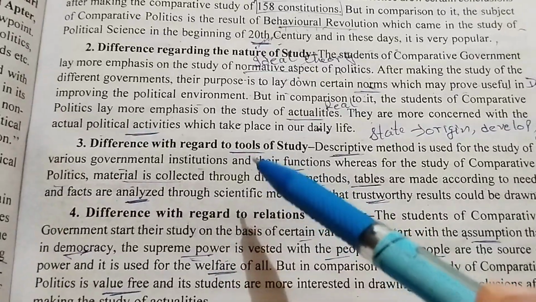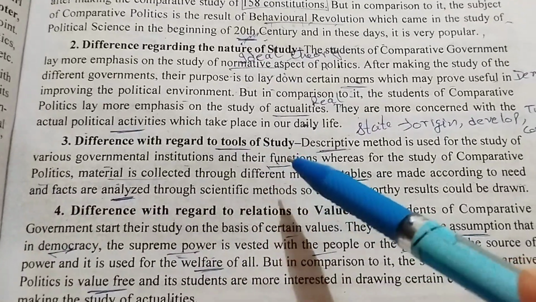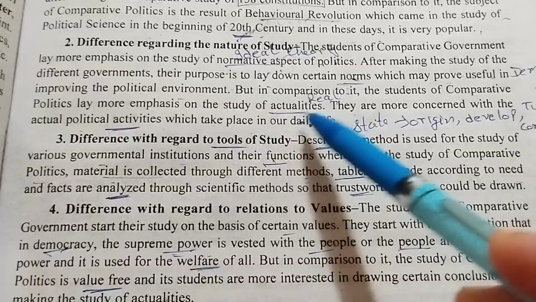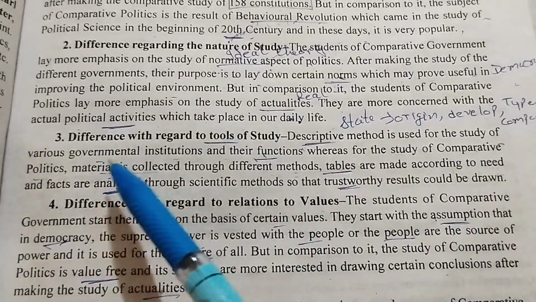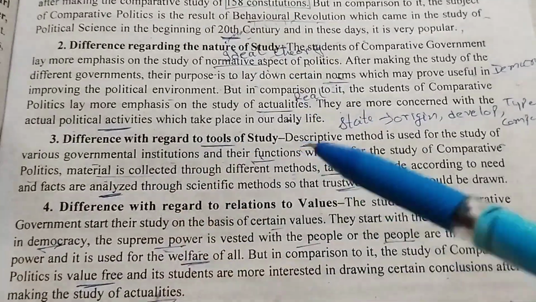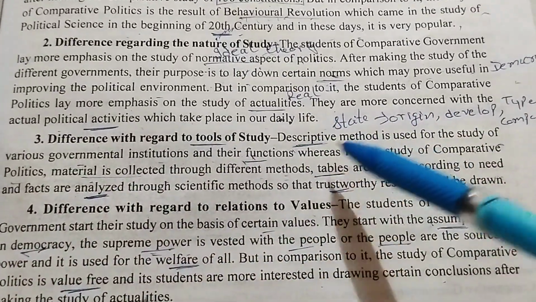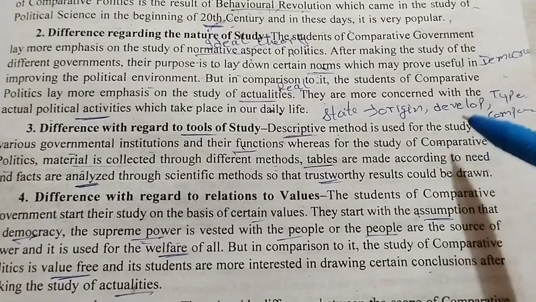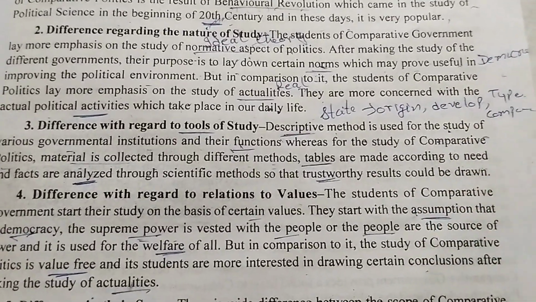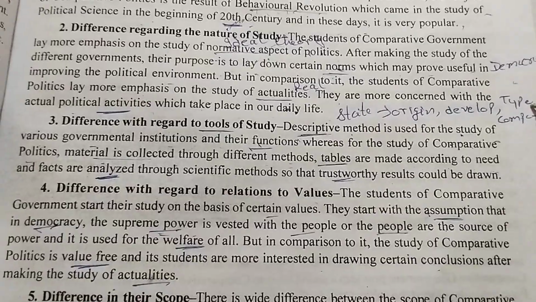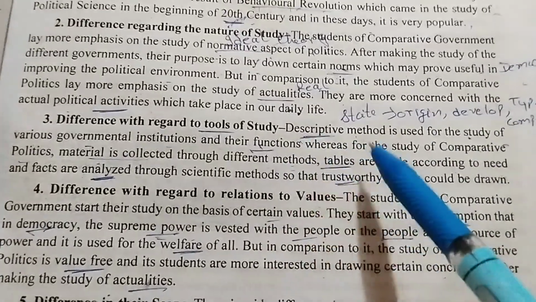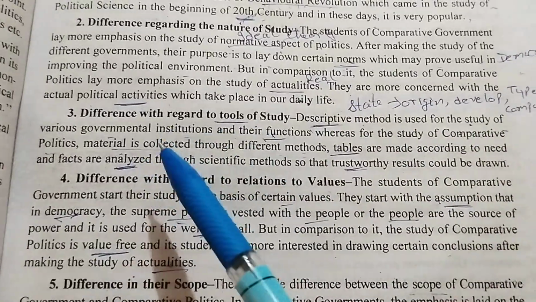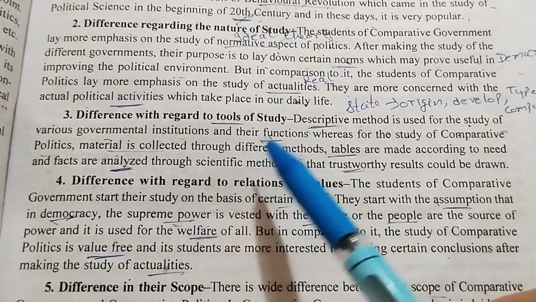Next difference is with regard to the tool or method of study. The descriptive method is used for the study of the various government institutions, for example, when the state originated, when it developed, its steps, types, components, and organs. It is largely descriptive.